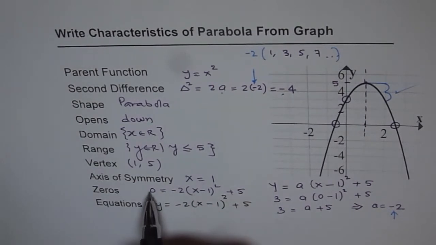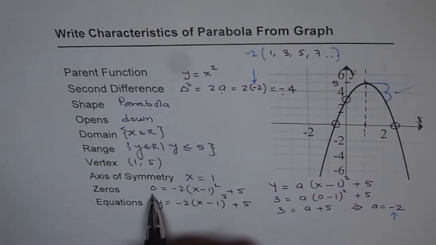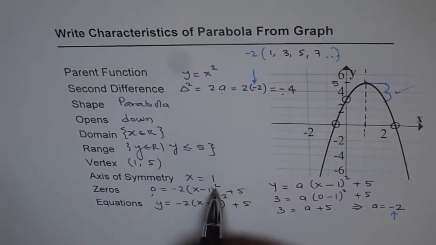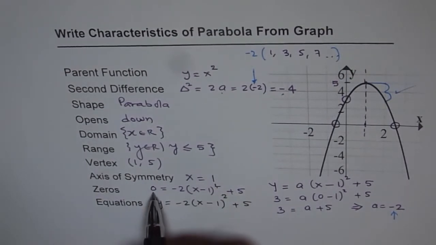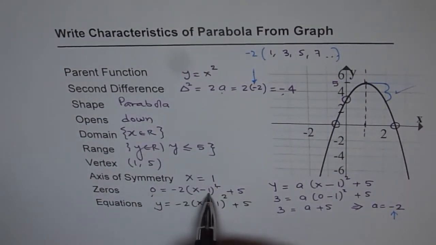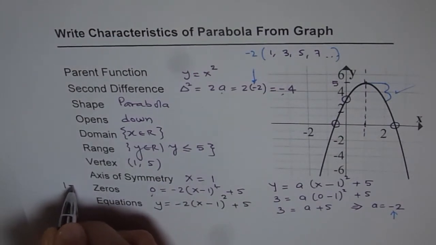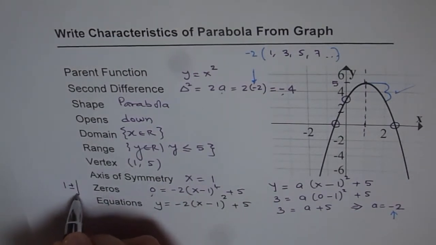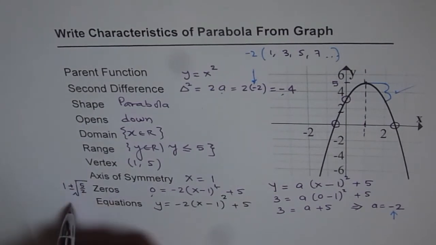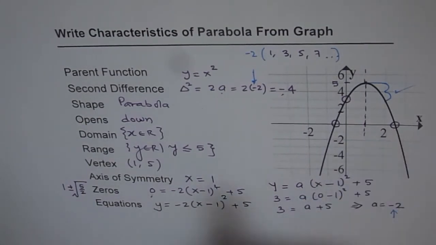Take 5 to this side, minus 5. Divide by minus 2. 5 over 2, square root. Whenever you take a square root, write plus and minus. And then add 1, right? So therefore, you're going to get an answer which is 1 plus or minus the square root of 5 over 2. So these are the two zeros which you see here.